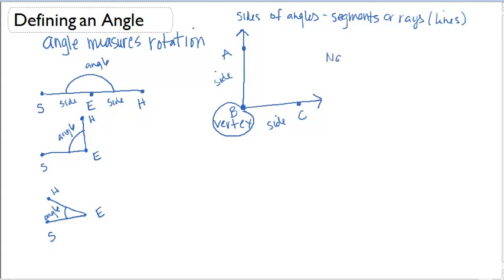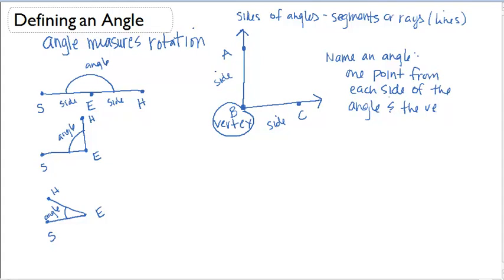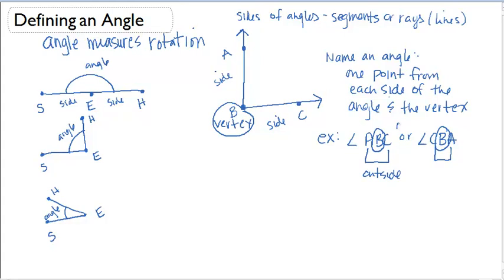To name an angle, you use one point from each side of the angle, and the vertex. So for this angle, for example, we could call this angle ABC or angle CBA. Notice the points from the sides are on the outside, and the vertex is always on the inside.